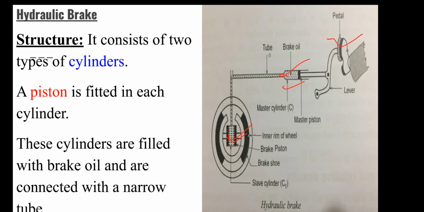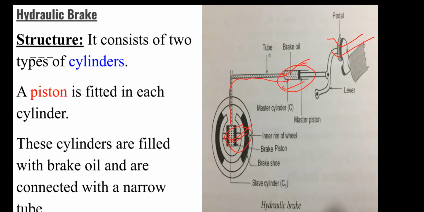Another major part of the system, obviously, from where we apply the force, is the brake pedal. The driver applies the force on the brake pedal. The applied force is now exerted on the master cylinder, and that creates pressure, and that pressure is transmitted through this tube and finally reaches the slave cylinder.